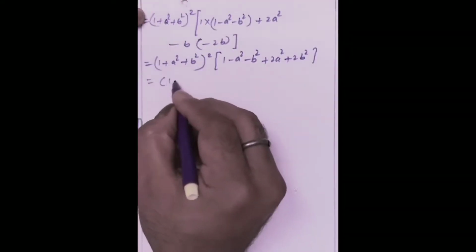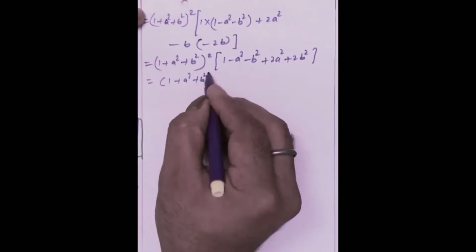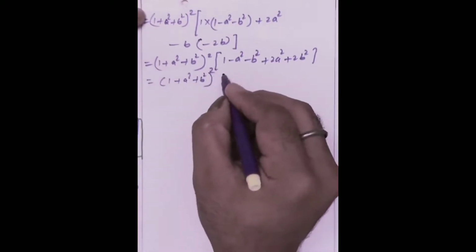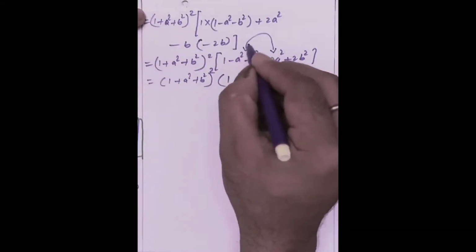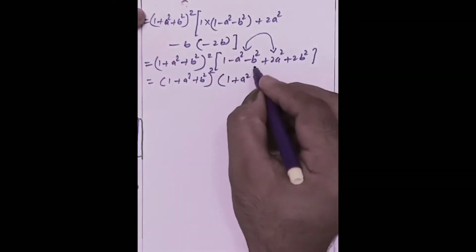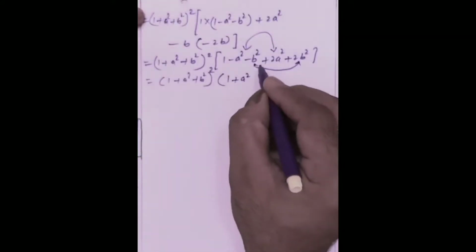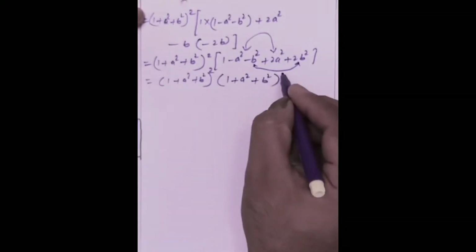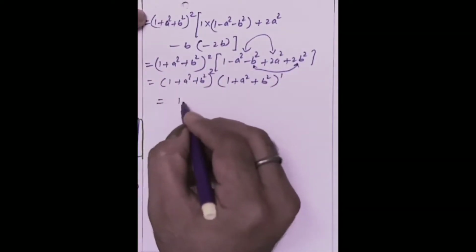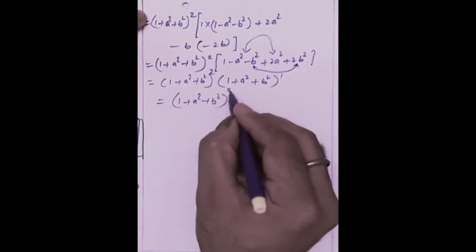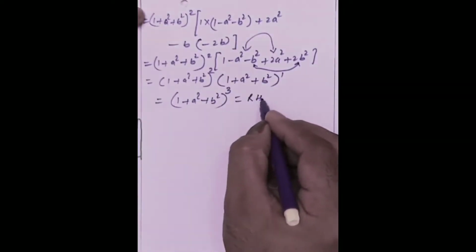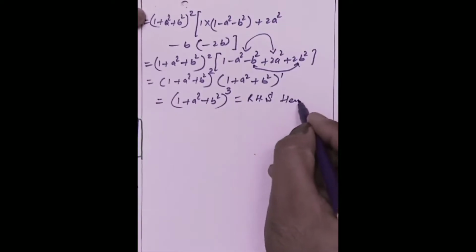So it is 1 plus a square plus b square whole power 2, and then 1 minus a square plus 2a square, so plus a square, and then minus b square plus 2b square, so plus b square. So power 2 and power 1 becomes 1 plus a square plus b square whole power 3, equal to the right hand side, hence proved.